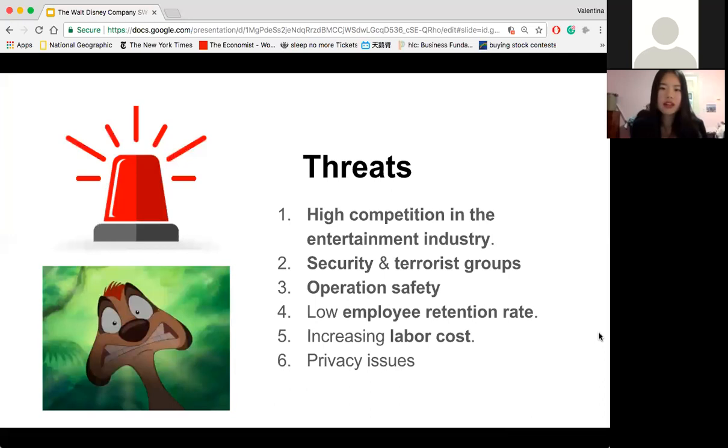And besides those extreme situations, Disney is also very concerned about safety in everyday operation. In the past, over 50% of their lawsuits came from tourists complaining they got injured because of Disney's operations. So in the future, Disney could try to identify this threat and increase their operation safety.